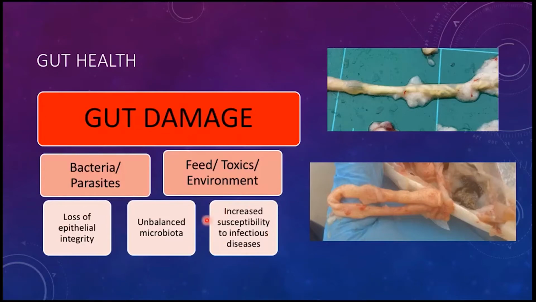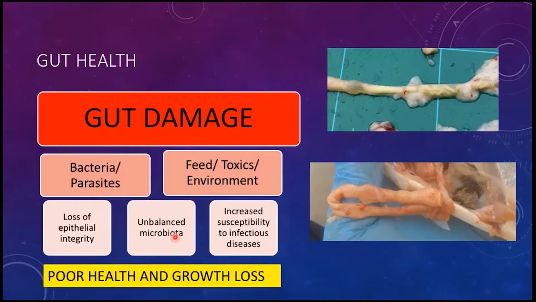And also because of this loss of integrity of the mucosa, it's easier for pathogens and opportunistic infectious agents to get through the intestine, which actually is a significant port of entry for quite a lot of pathogens. It's easier for them to get into the fish and then produce disease. So at the end of the day, gut damage often translates into poor health, a reduction of health of our fish, and a reduction of growth.